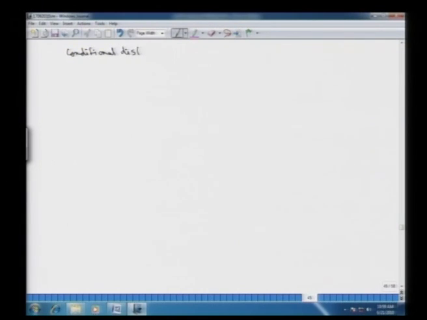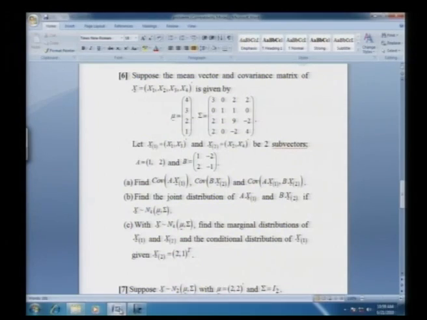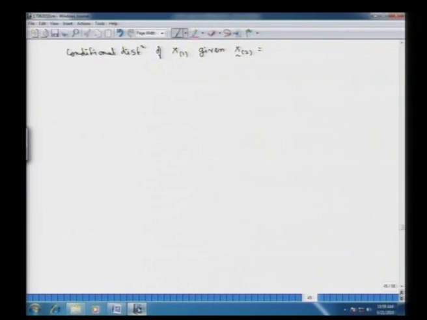This conditional distribution of x1 given x2 subvector as 2 1, so this is what we are trying to find out.